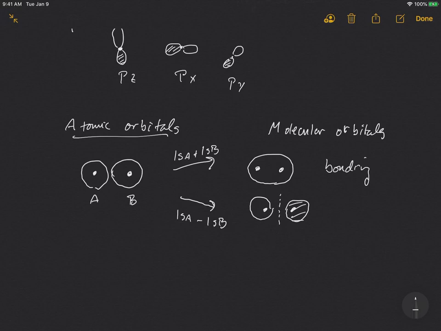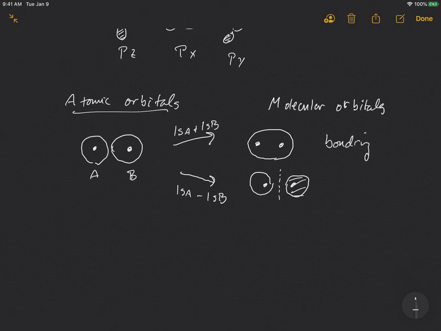First of all, let's look at a case of, can we combine a 1s atomic orbital with, say, a pz atomic orbital, something like this.